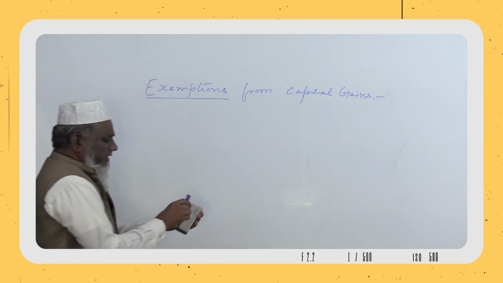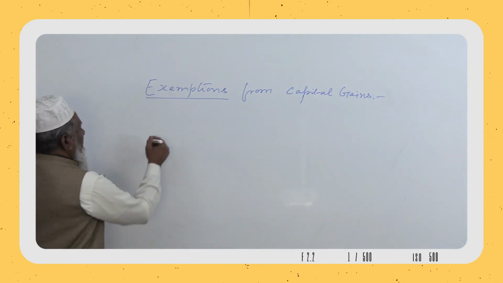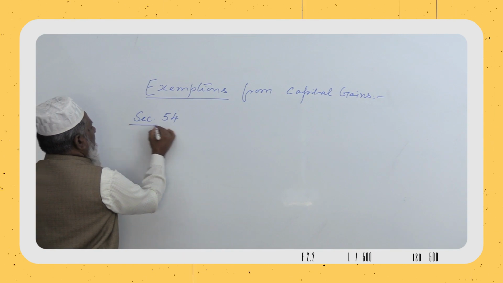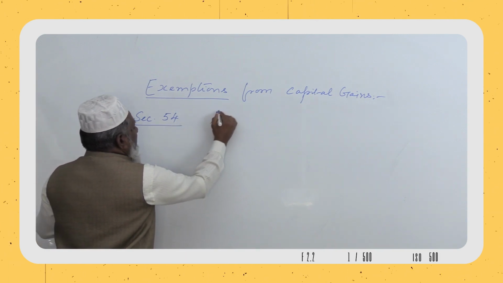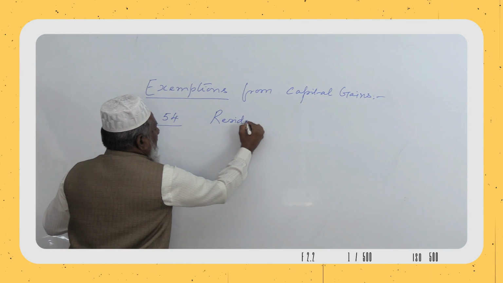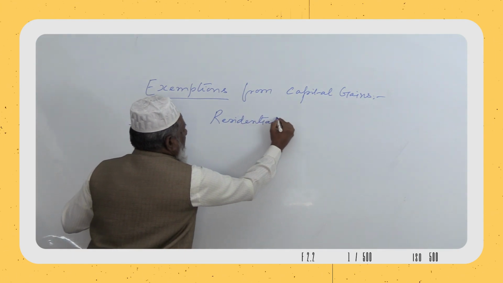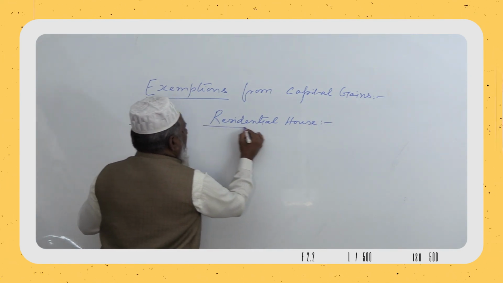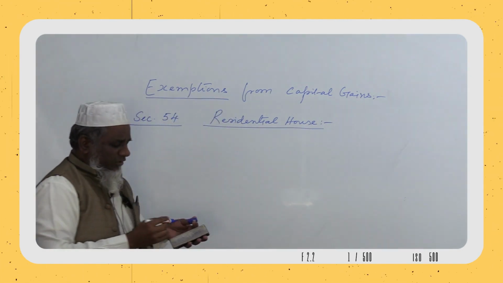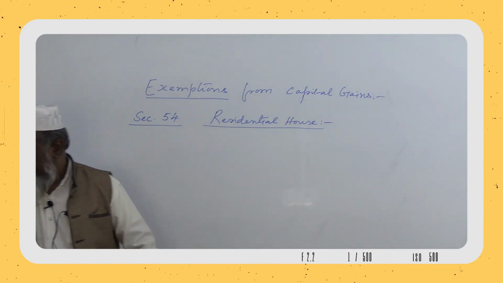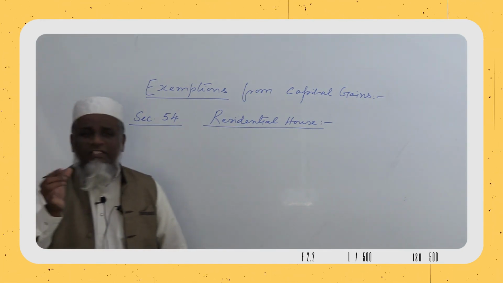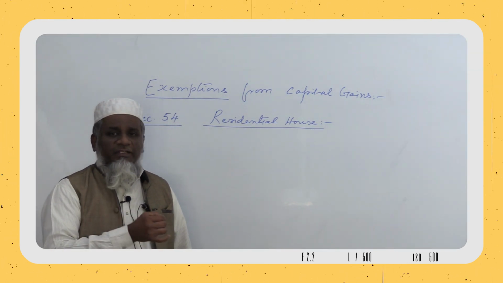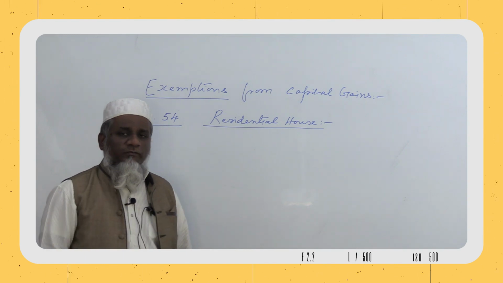Section 54 is very clear. The gain arising from transfer of residential house. When you have sold a residential house, then you can think of claiming exemption under section 54.